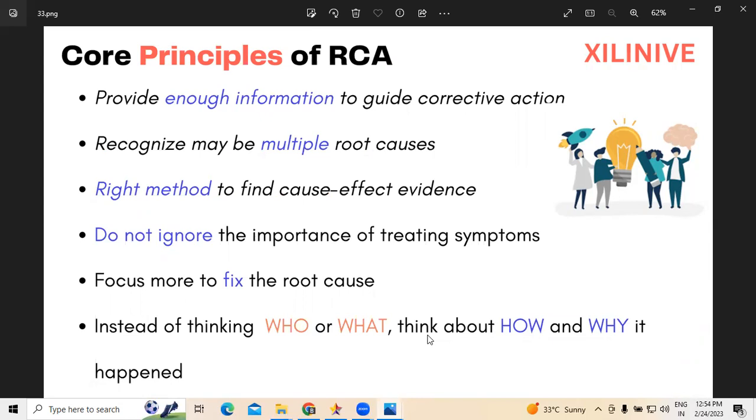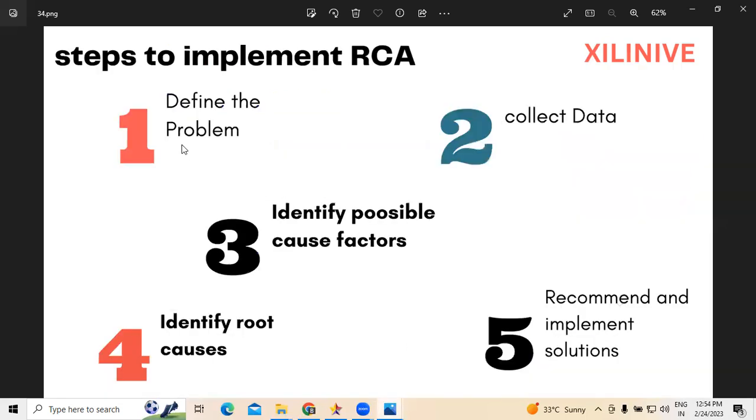Last but not least, instead of thinking who and what, we should always think from the how and why perspective, so that whatever solution is required for a BA can be identified and provided as simply as it is.